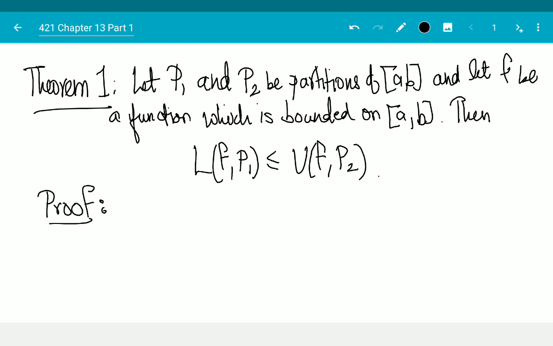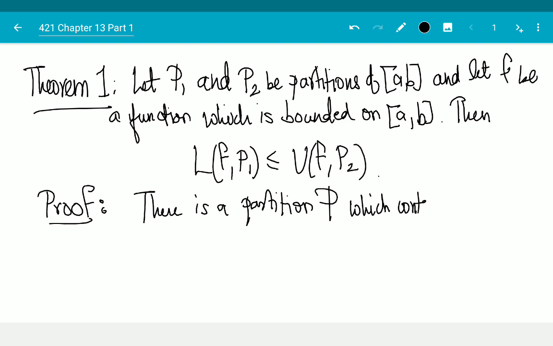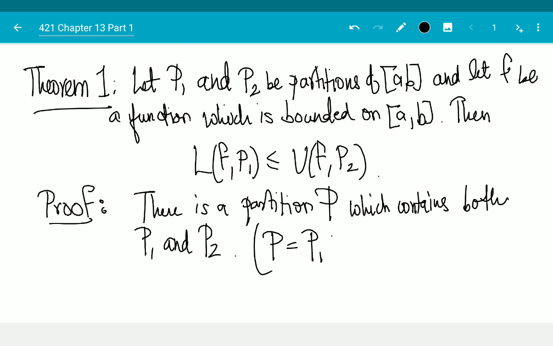U(f,P1) is also bigger than L(f,P2). Okay, so proof: there is a partition P which contains both P1 and P2, namely P is equal to P1 union P2.